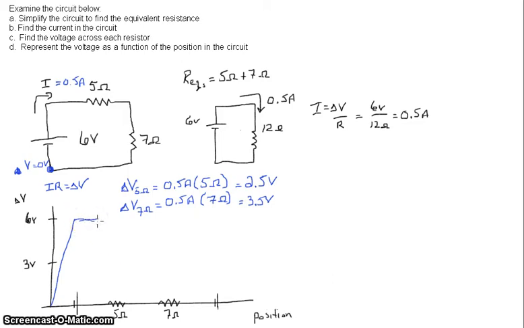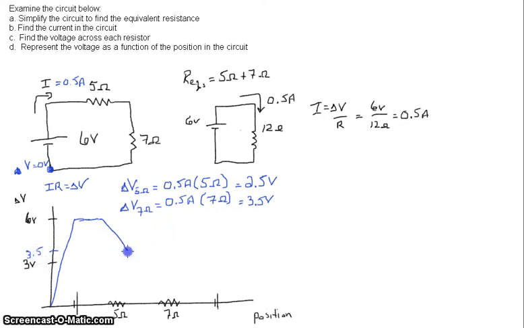Alright, the voltage is not going to change until it hits the 5 ohm resistor. It will change by 2.5 volts. So this will then come down to right above 3, at 3.5 volts.